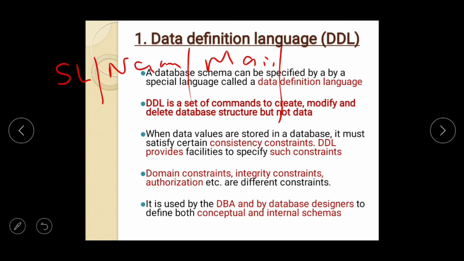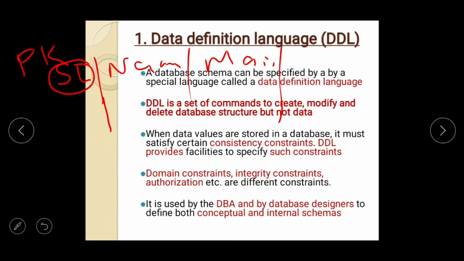We can give a constraint such that the serial number must not be empty. That is a constraint. Or else we can say that the serial number field is the primary key.